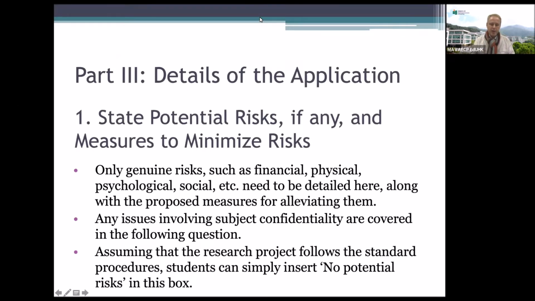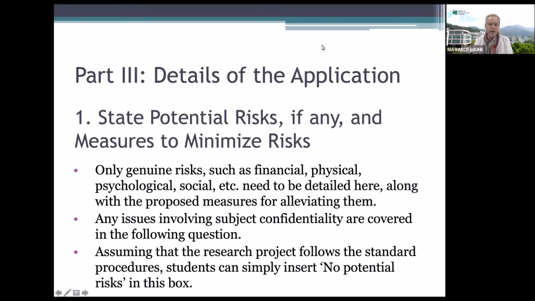Part 3, details of the application itself. The first question in that section asks you to state the potential risks, if any, and the measures that you are going to take to minimize those risks. I've said here that only genuine risks such as financial, physical, psychological, or social need to be detailed here, along with any proposed measures for alleviating those risks.